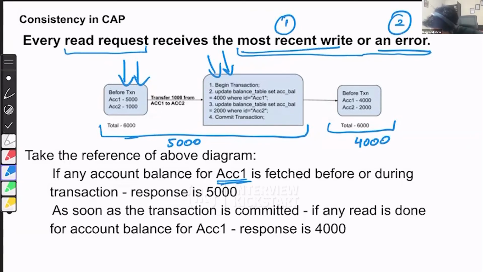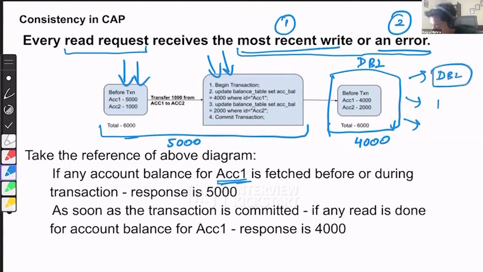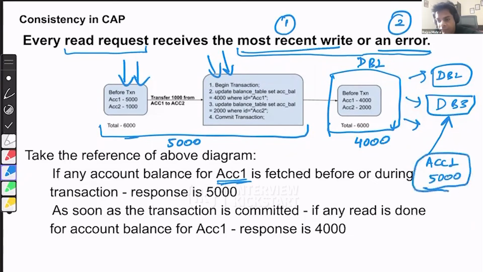So it should not happen. Let's say this balance has been updated on the DB1 server. Now say there are some replicas for this database, DB2, DB3. Now if my read request goes to, let's say, DB3, and I want to read the account balance for this ACC1 person, if I get a response of 5,000 from this, then I'm getting stale data.